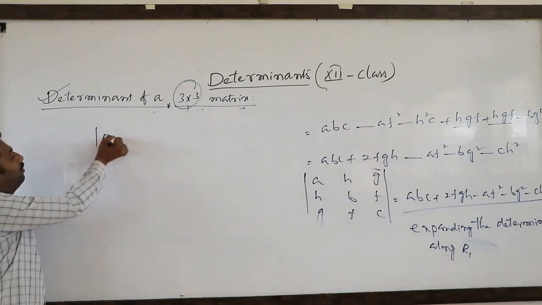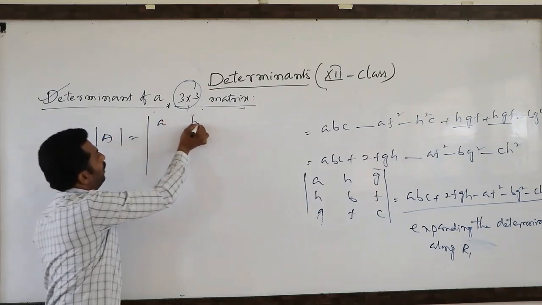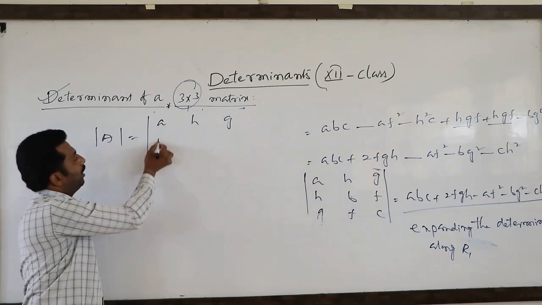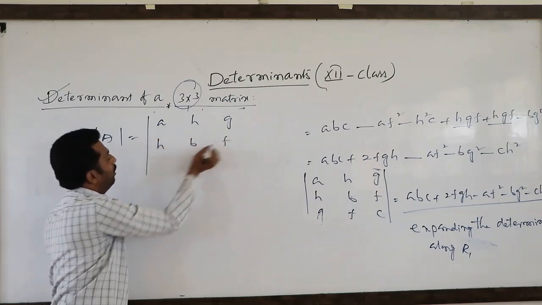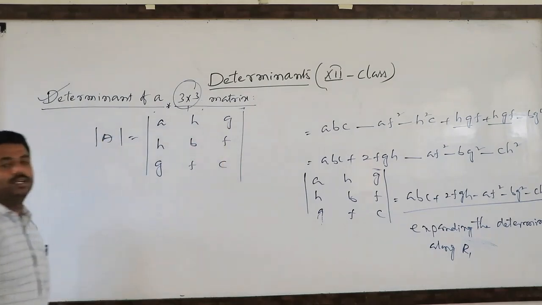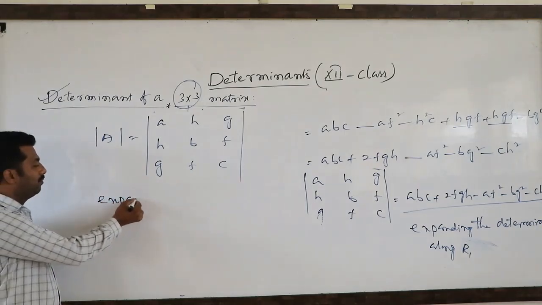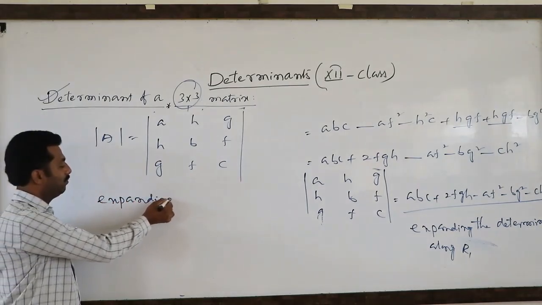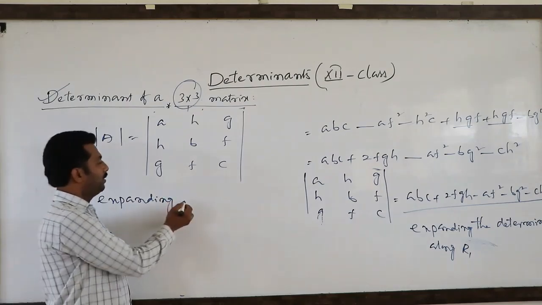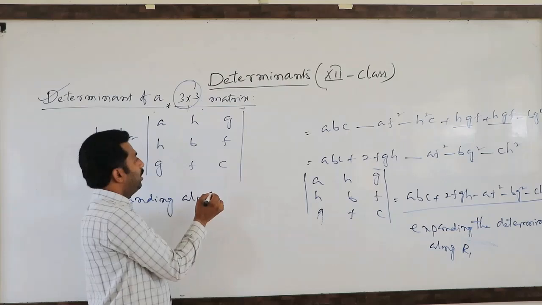Determinant of A equal to the matrix A H G, H B F, G F C. Now, if you want to expand, along what do you choose?